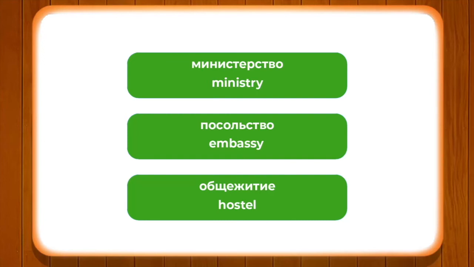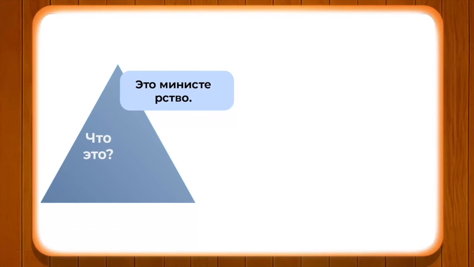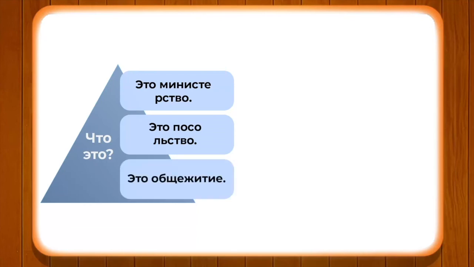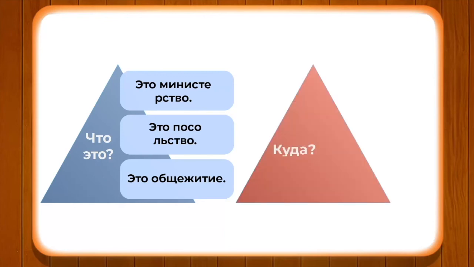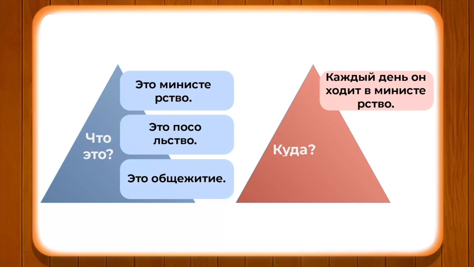Now let's read the sentences once again before we go ahead. Что это? Это министерство. Что это? Это посольство. Что это? Это общежитие. Then we will ask the question in the form of куда and answer it. Каждый день он ходит в министерство. Куда он ходит каждый день?